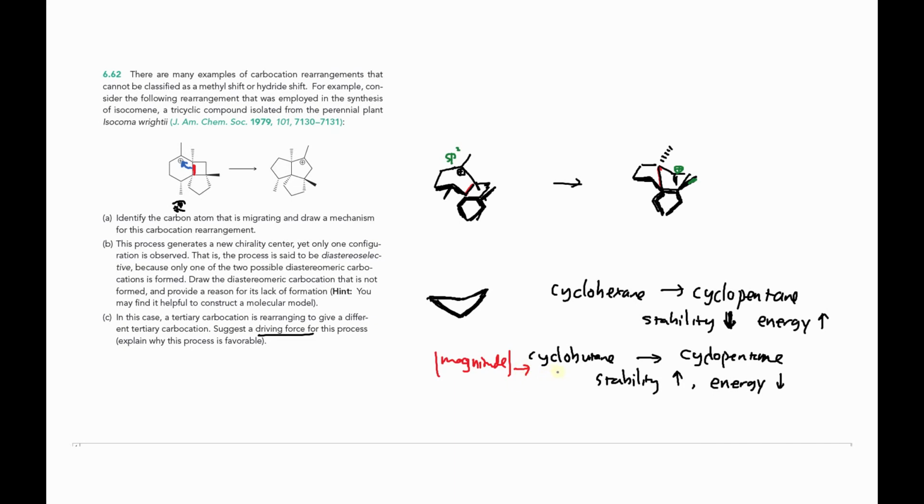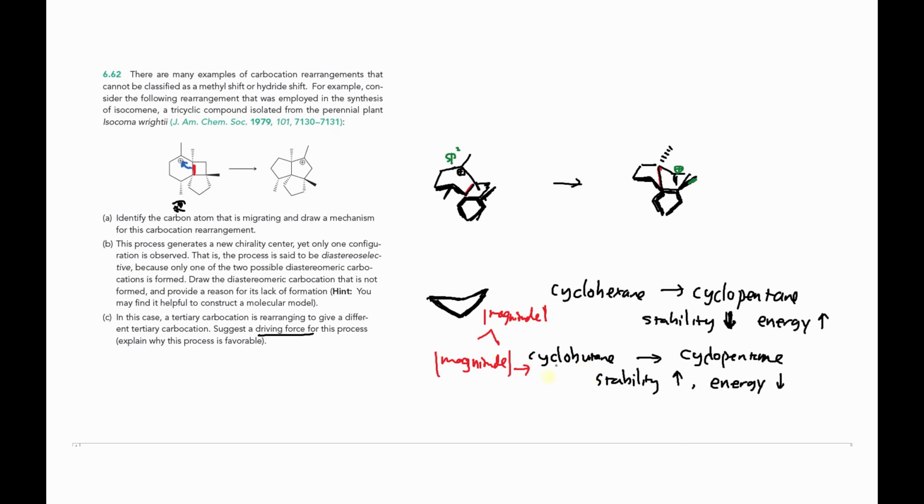So from cyclobutane to cyclopentane has to be much bigger than the magnitude of the strain, which creates more energy in the system.